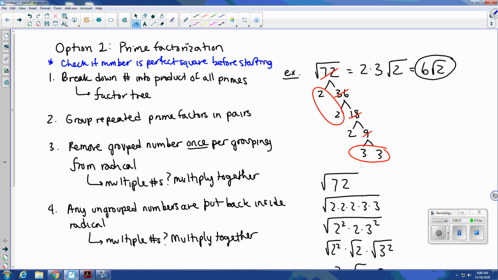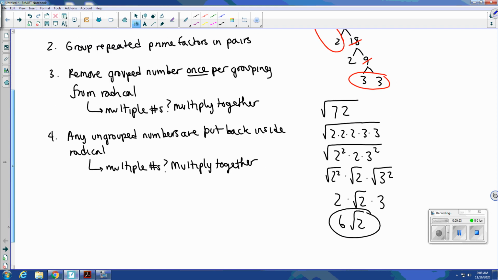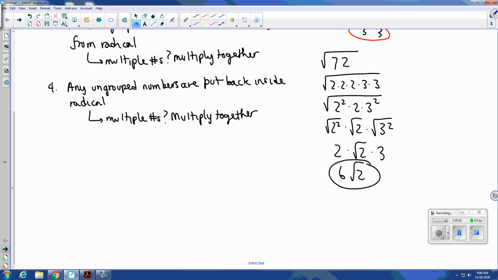The reason why is, well, let's say that we have the square root of 121. Before I go through this whole breakdown, what if I just said, wait a minute, is 121 a perfect square? And you would say yes. And I can just immediately say, well, that's 11. And I don't have to do any of this long process by going through all the pairings and then multiplying them all out.